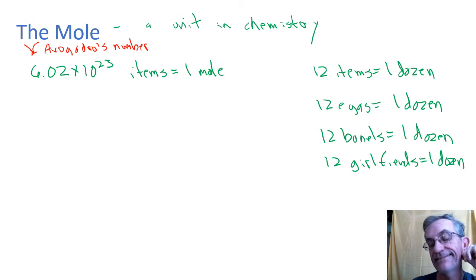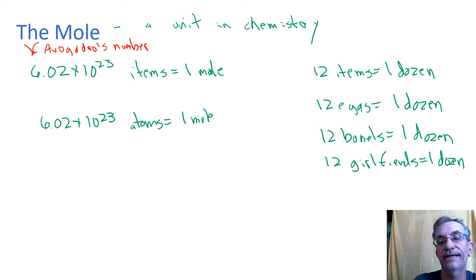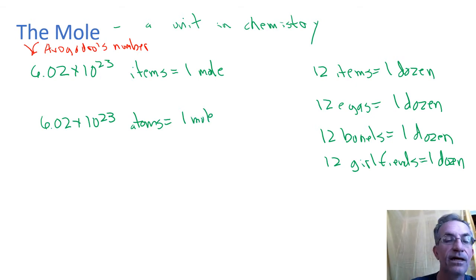In chemistry class, we're not going to talk about eggs or bagels or girlfriends. The items that we're going to worry about are the little particles that make up the world. Those particles have different names depending on what kind of item we're thinking of. Elements are made up of atoms. So I could say 6.02 times 10 to the 23 atoms is a mole. That would be if you have an element.